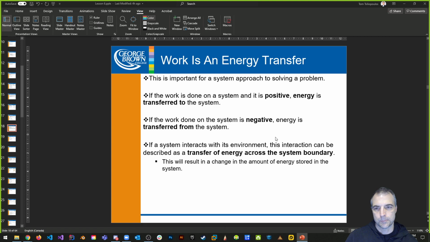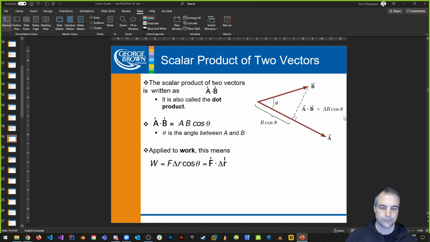All right, let's continue. The scalar product of two vectors, how would you get that? It's the dot product. The dot product is a projection of B onto A. We can say A vector dot B vector is equal to AB cos theta.